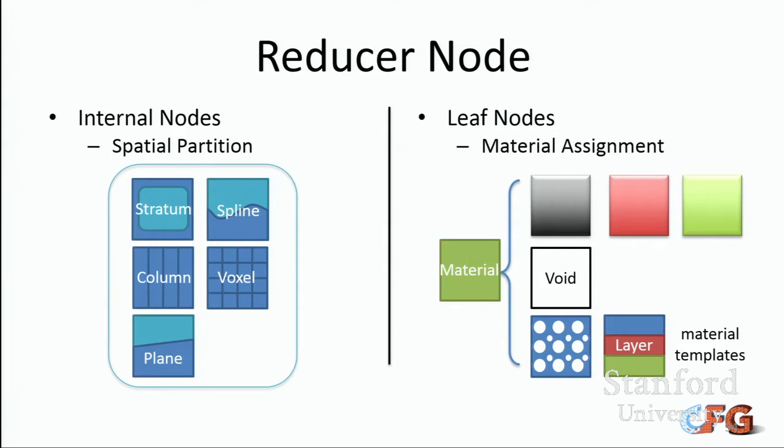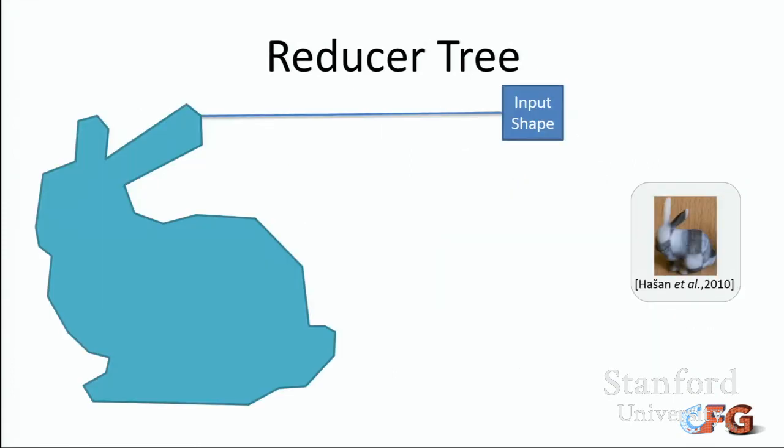For example, if I have a foam-like material, I can have a low-parameter model that describes this material. For example, the sizes of each of these holes can be determined using some parameter. Let me give you an example of how a reducer tree works for a very simple example of textured objects.